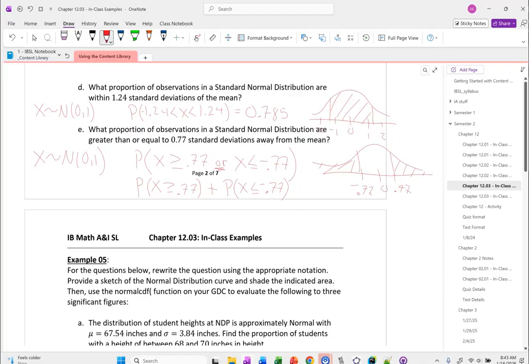Right, so this one is going to positive infinity, that's the upper. That one's going to negative infinity, so it's the lower.